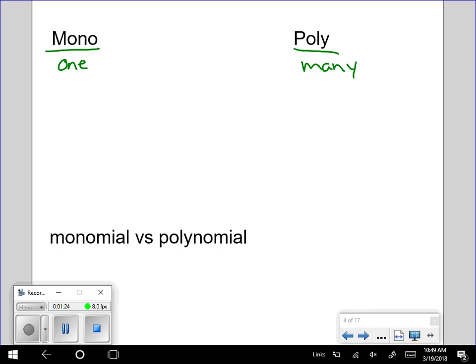So when we're talking about monomials, this is going to be a number, a variable, or a product of a number and one or more variables with whole number exponents.